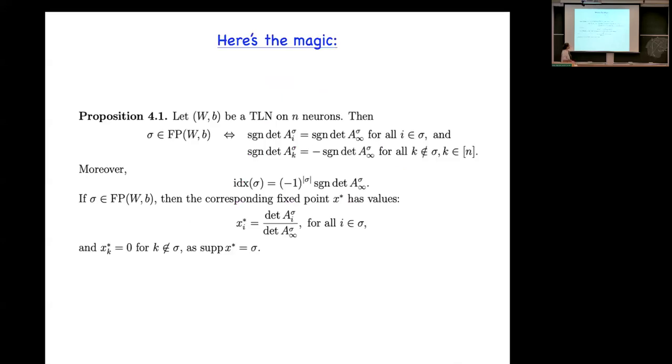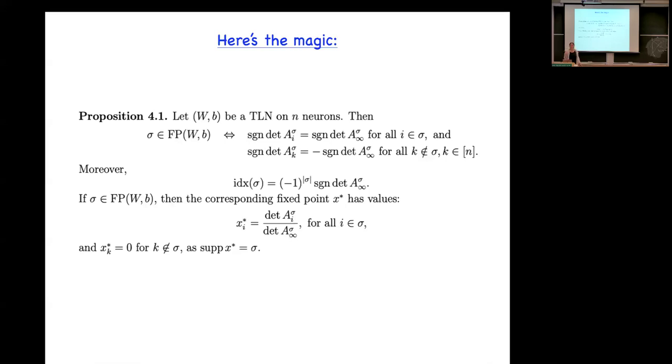Not only do the signs of the determinants that make up the chirotope characterize which subsets support fixed points, but also the actual values of the determinants give you the values of the firing rates of the fixed points. So it's worth looking at the determinants beyond just their sign and actually tracking the real values of them, because that will give you the firing rate vectors. There are simpler ways to figure out the firing rate vectors.